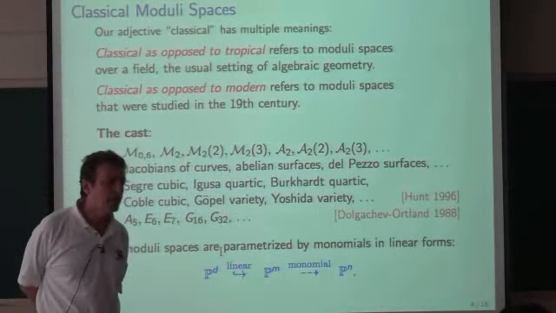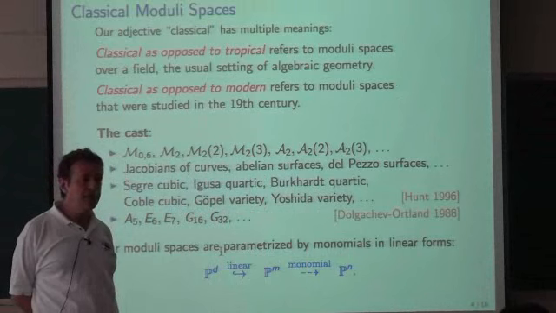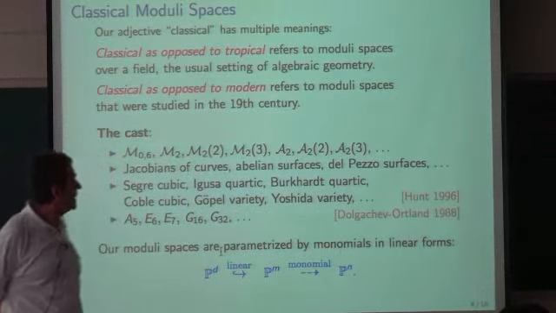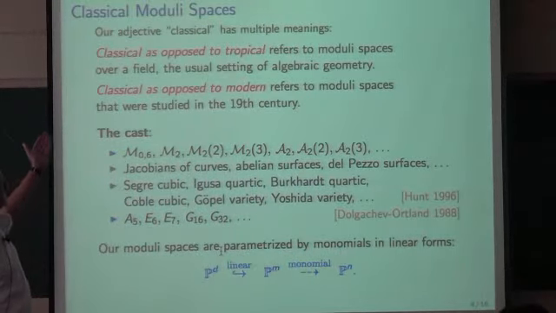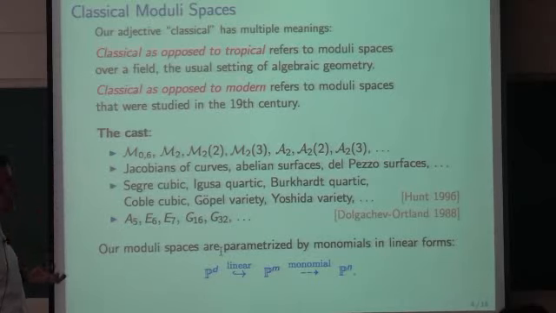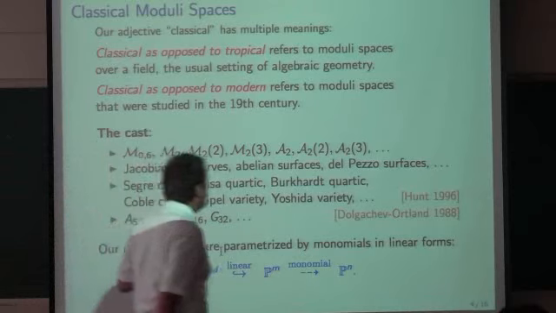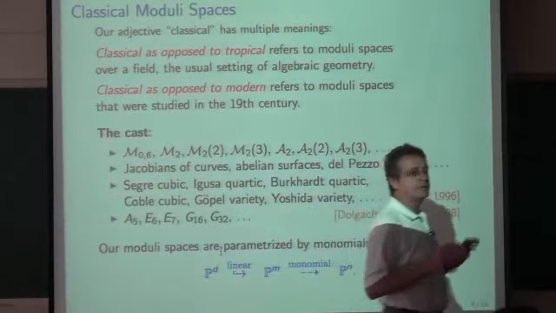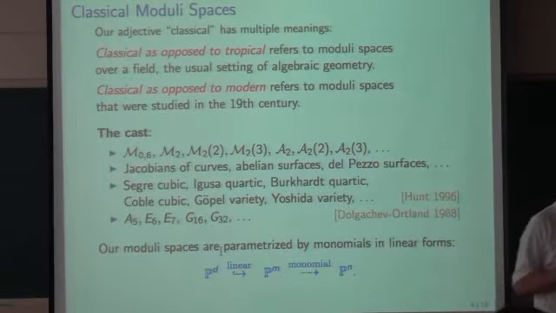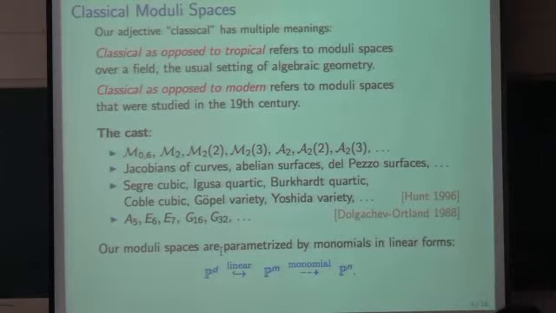In classical math, 3 times 5 is 15. This refers to moduli spaces over a field, or maybe over a Noetherian ring, the usual setting of algebraic geometry. The classical setting is moduli spaces over a field, classical as opposed to tropical.